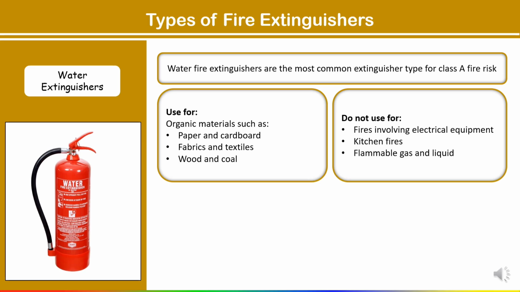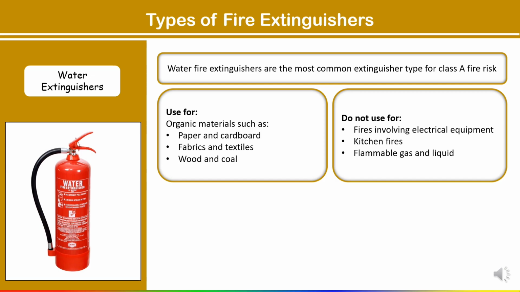One more point is given: never use a water extinguisher for flammable gas and liquid. Why? Because water can spread flammable liquid instead of extinguishing it, as many flammable liquids, for example gasoline and alcohol, are lighter than water and float on its surface.